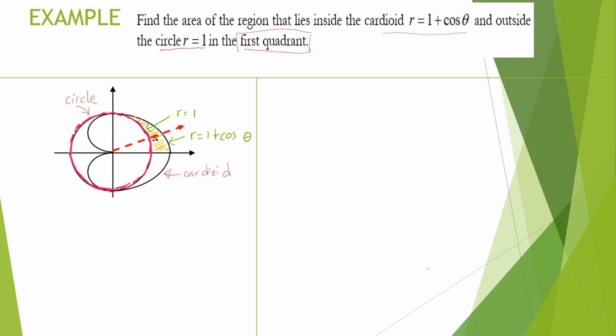So how are we going to find our area here? Area equals the double integral of r dr d theta. Here we are going to find the limits of integration.